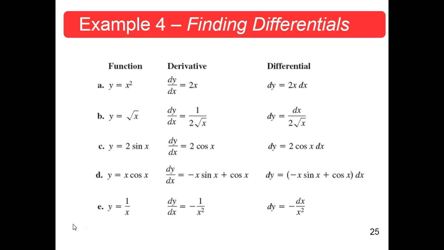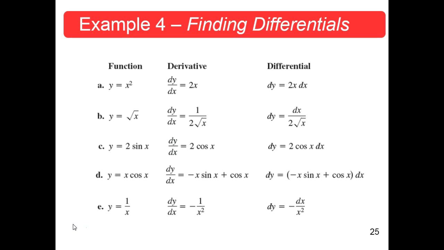What is the derivative of that? Again, the first thing I would do is write this in another form. What form would you write it? y is equal to x to the minus 1. Then you take the derivative of that and you get negative x to the minus 2, which is negative 1 over x squared.